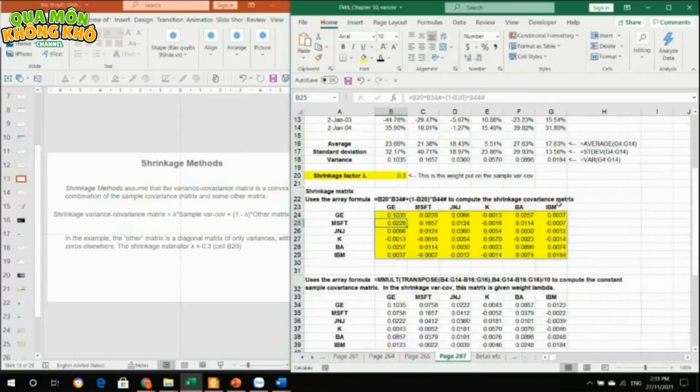So we have calculated the shrinkage matrix like this.